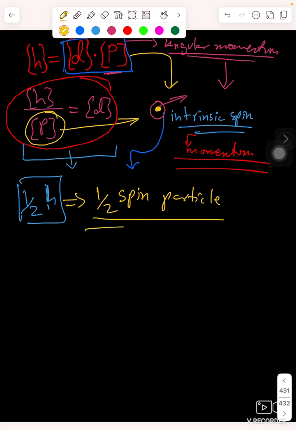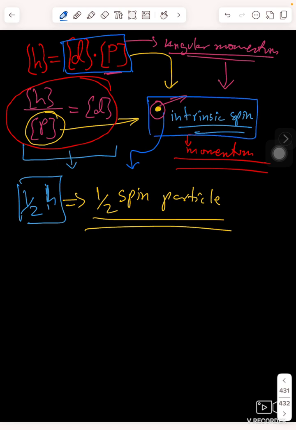Because d means a certain amount of distance traveled, and p is momentum, which in classical physics is angular momentum. So here it's angular momentum as well, which helps us define a one half spin particle as one half of Planck's constant.